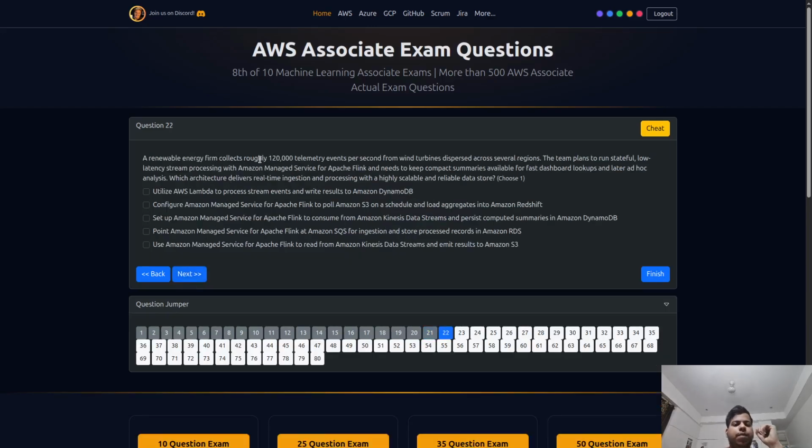A renewable energy firm collects around 120,000 telemetry events per second from wind turbines. Stream processing with Amazon Managed Service for Apache Flink, and it needs to keep compact summaries available for fast dashboard lookup and later ad hoc analysis.